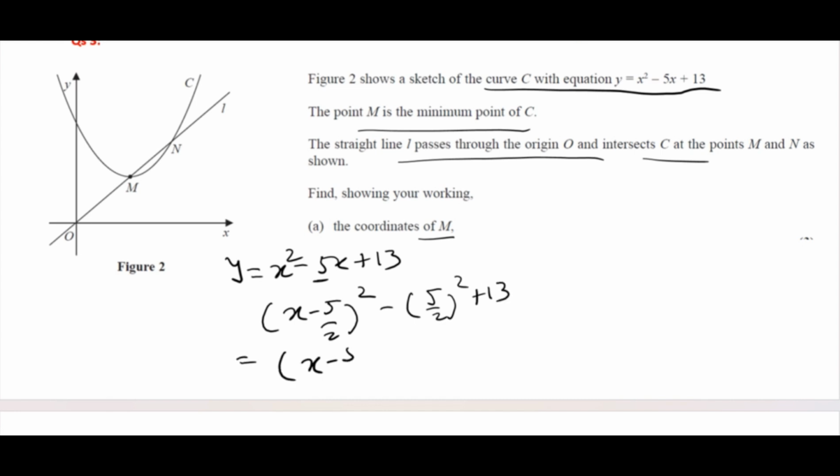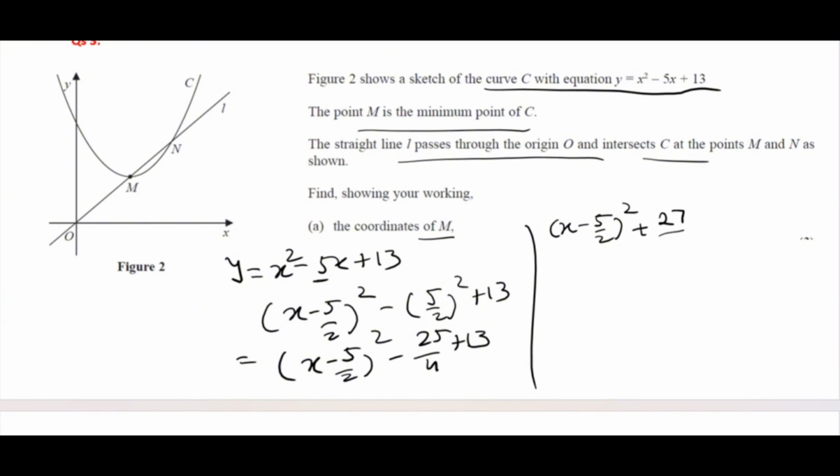So x minus 5 over 2 squared minus 25 over 4 plus 13. When you simplify, you can write x minus 5 over 2 squared plus 27 over 4. You can put this in a calculator, that will give you the answer.